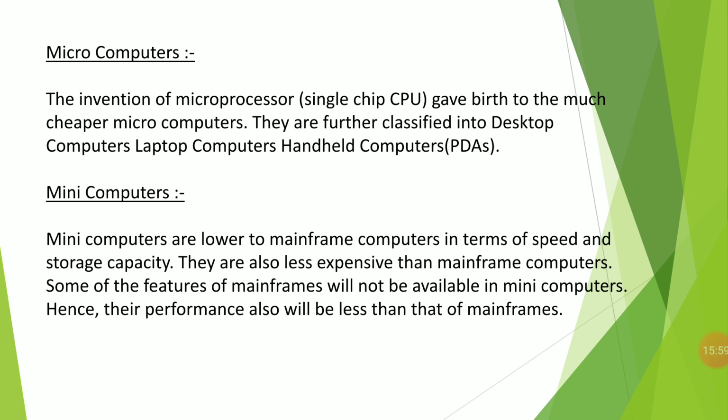The most popular types of personal computers are the IBM PCs and the Apple. If we talk about compatibility of computers, IBM PC uses Windows operating system. Apple computer uses Mac operating system.